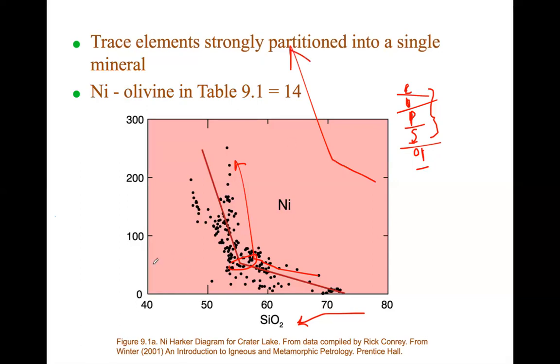So before that level, you see the nickel concentration is like 50 around here, okay? But all of a sudden it increases and it has gone up to 200 even, right? Like that.